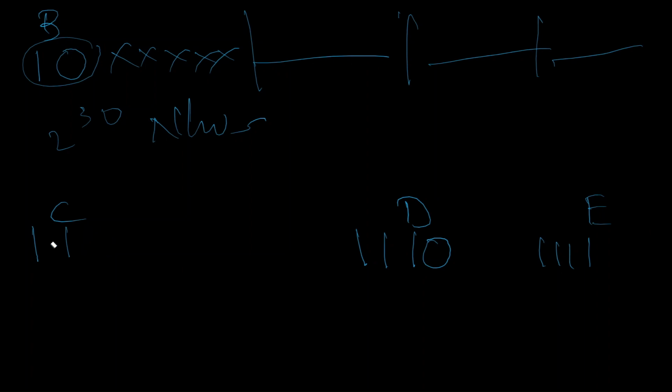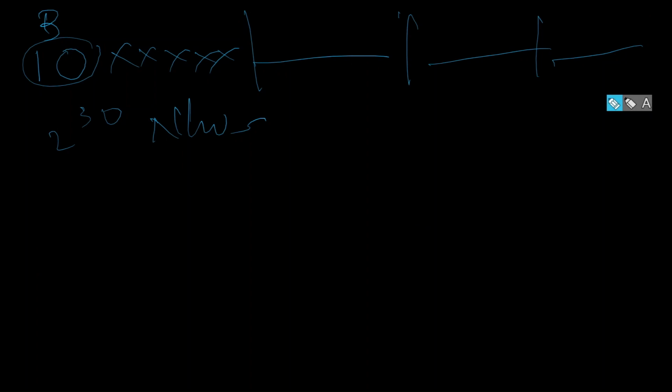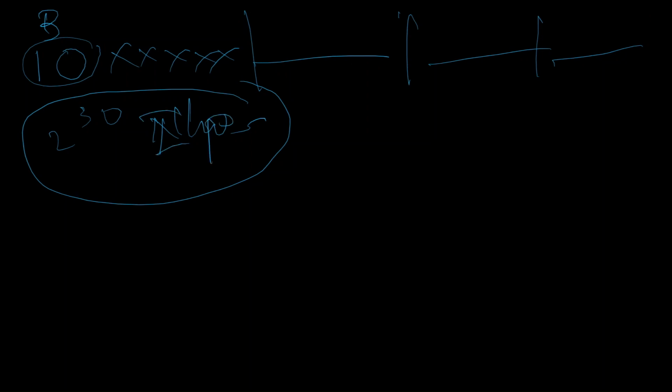I'll explain these classes also. In class B there are 2 power 30 IPs available, not networks, IPs. This entire part is reserved for the network ID, and this entire part is reserved for the host ID.